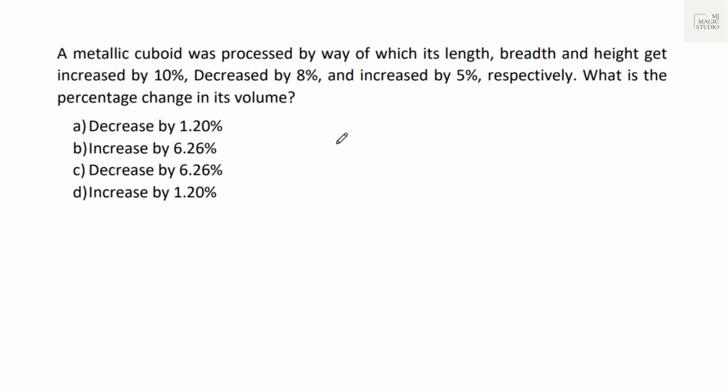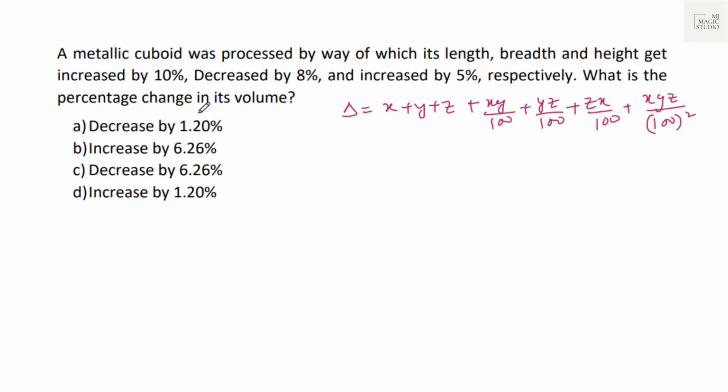Whenever there is a percentage change on a variable three times, or three variables are affected multiplicatively, the net change in the overall multiplicative effect is given by x plus y plus z plus xy by 100 plus yz by 100 plus zx by 100 plus xyz upon 100 square.